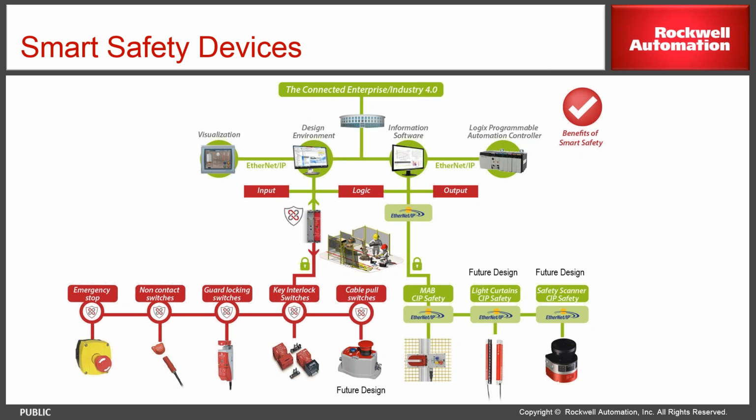That is what you see on the right side. The devices can be directly hooked onto EtherNet/IP. Whatever you see highlighted in green, the safety scanners, light curtains, the multi-access box, these are devices which can now be directly hooked onto an Ethernet network.